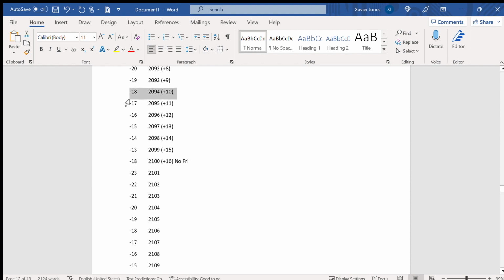Have I verified that the calendar of 2094 is the same as the calendar for 2100? I can't remember. I have verified that. Okay. So 2094 is a no Friday. And for 2100, it's also a no Friday. Is 2106 also a no Friday? Yes, it's also a no Friday. Okay.